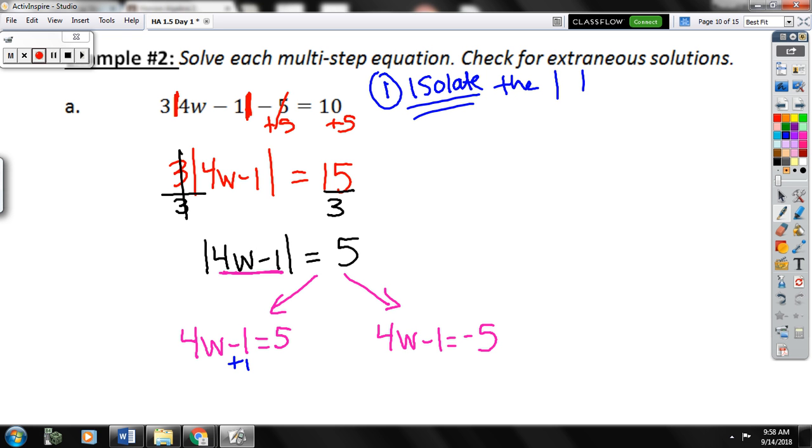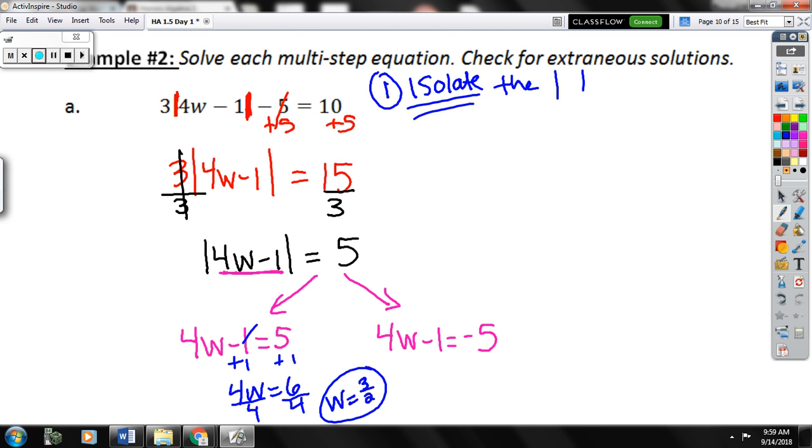So we'll add 1 to both sides. 4w equals 6, divide by 4. Again, those of you struggling with fractions, you don't need a calculator to take 6 divided by 4. Your answer is 6/4. We could reduce it though, right, to be 3/2. You also could make that 1.5 if you prefer.